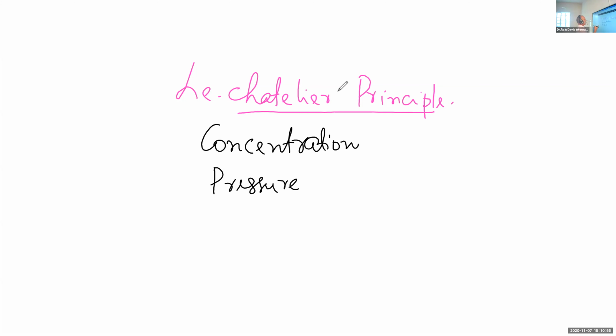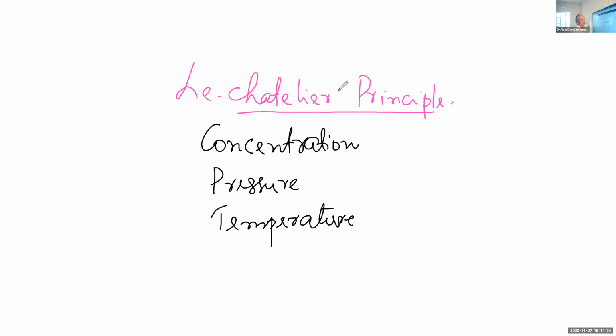Pressure has an appreciable role when there is a gas phase reaction. If the reaction is in the liquid phase or solid phase, there is no effect of pressure. Pressure has a role only when there is a gas phase reaction. So concentration, pressure, and temperature are the three main factors which affect an equilibrium.